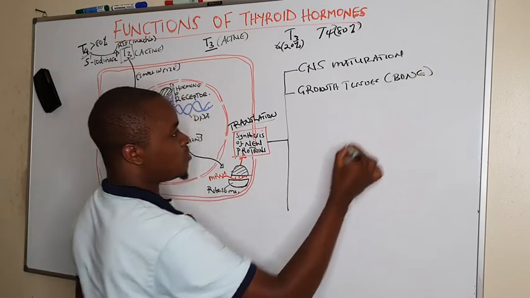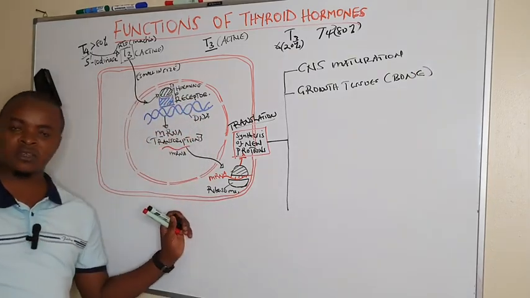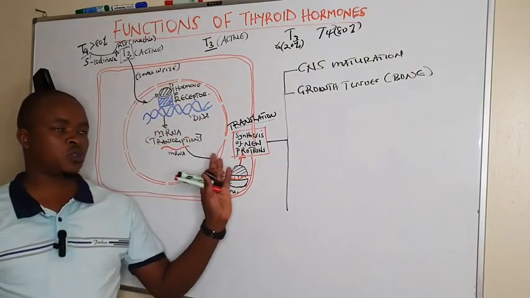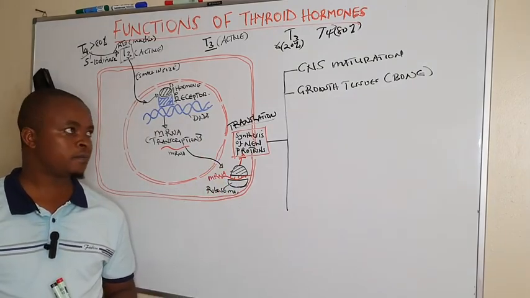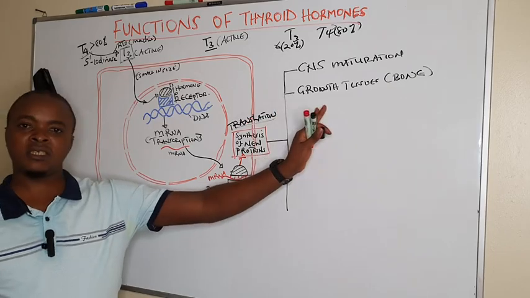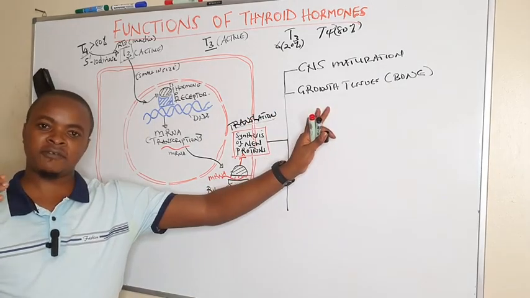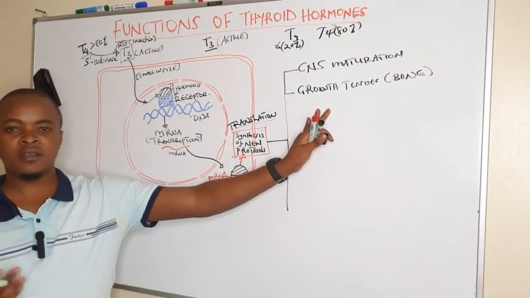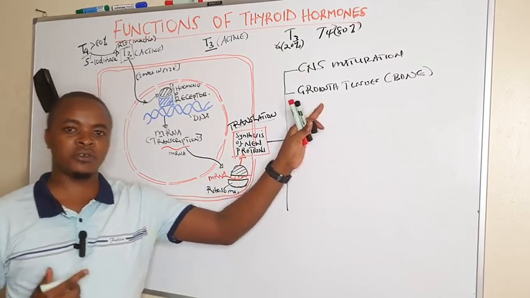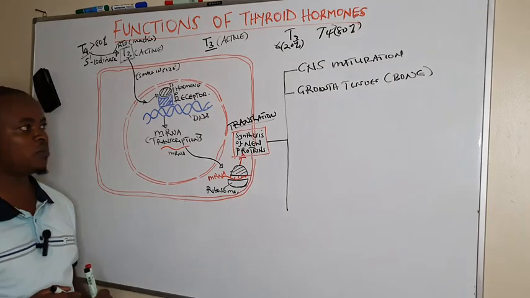Among the hormones which enhance growth are T3 and T4. That's why we are going to see in the disorders that deficiency of T3 and T4 can lead to stunted growth, which we call cretinism.